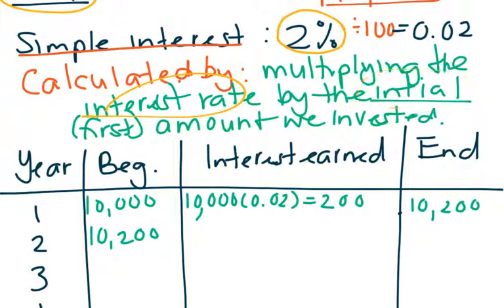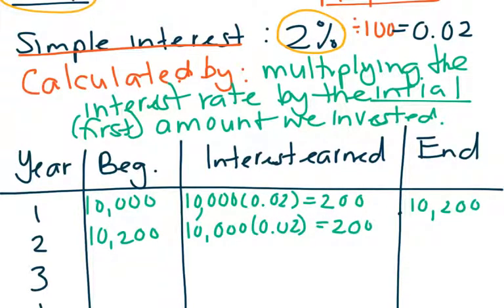So that's still $10,000. So we're going to take our interest rate, 0.02, and multiply it by the initial amount we invested, $10,000. So another $200. So how much do we have at the end? At the beginning of the year we started with 10,200. We just made another 200, so we should have, add those together, 10,400.